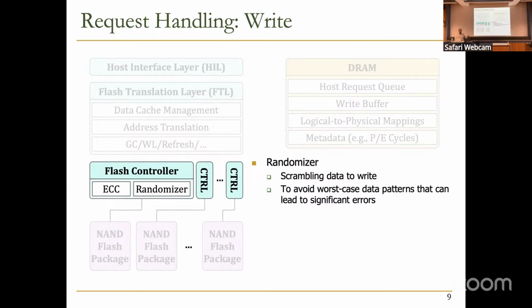There might also be malicious programs or users that can cause those problems using those worst case patterns. To avoid that, there is a unit in the flash controller, the randomizer, which tries to scramble the data you want to write using a key. Then that randomized data, hopefully, is not going through those worst case scenarios. That's the basic function of randomizing.